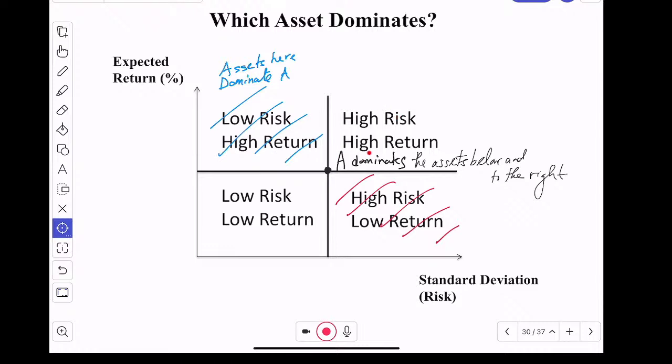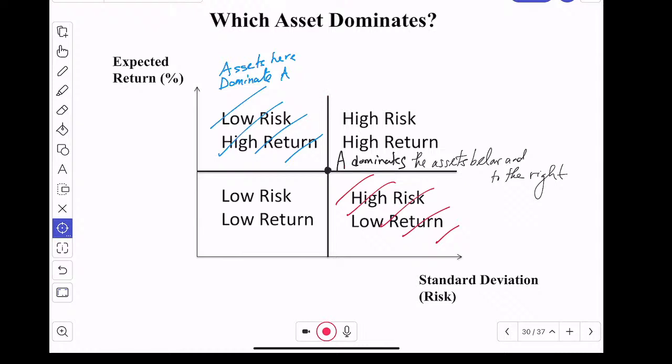All of these would be higher return, but also higher risk. So the only ones that A would be indifferent to, well, these would be along here, these would be preferred to A because the risk is not increased, but the return is. So these are all preferred to A.